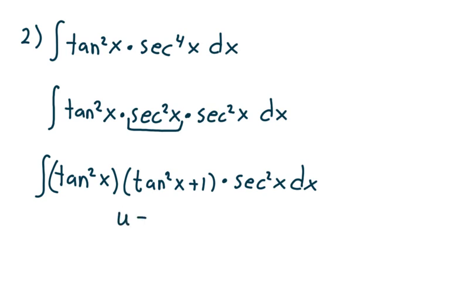So let u equal tangent x, du is secant squared x dx, because I know that the derivative of tangent x is secant squared x. So this is a clean u substitution. So this is the integral of u squared times u squared plus 1 du.